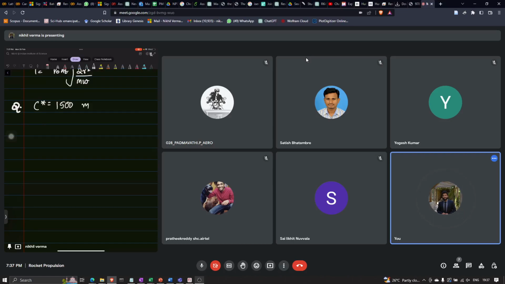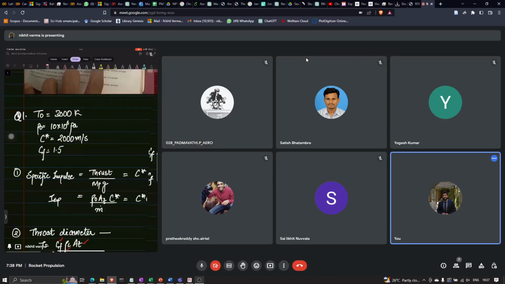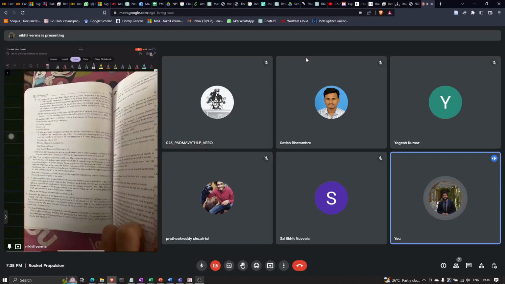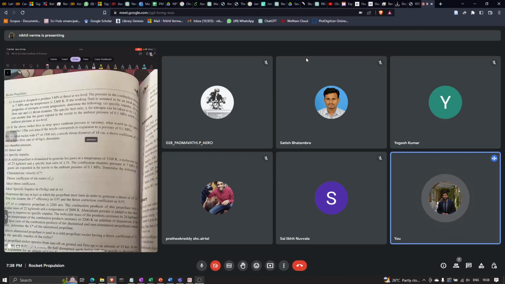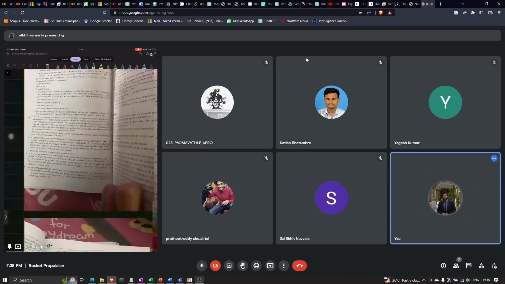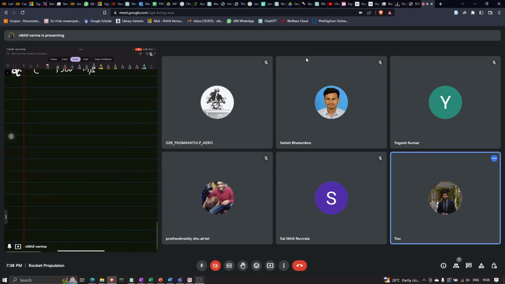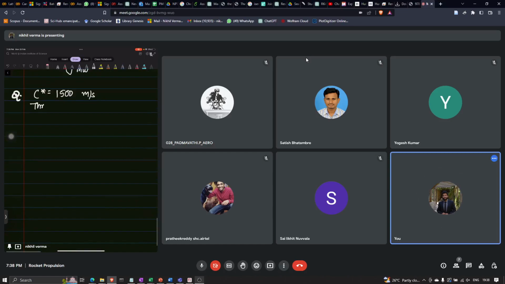Then we have throat diameter, 18 centimeter, and thrust coefficient, 1.38.